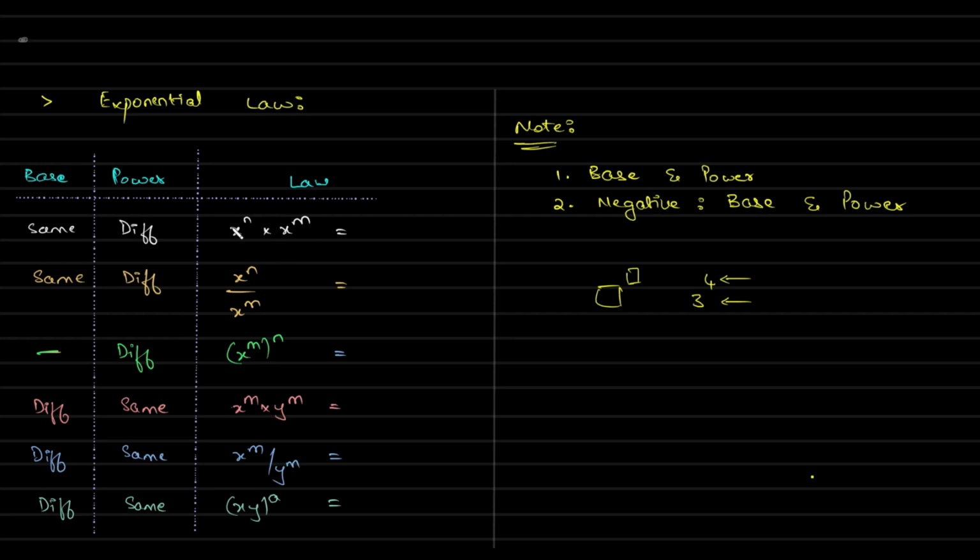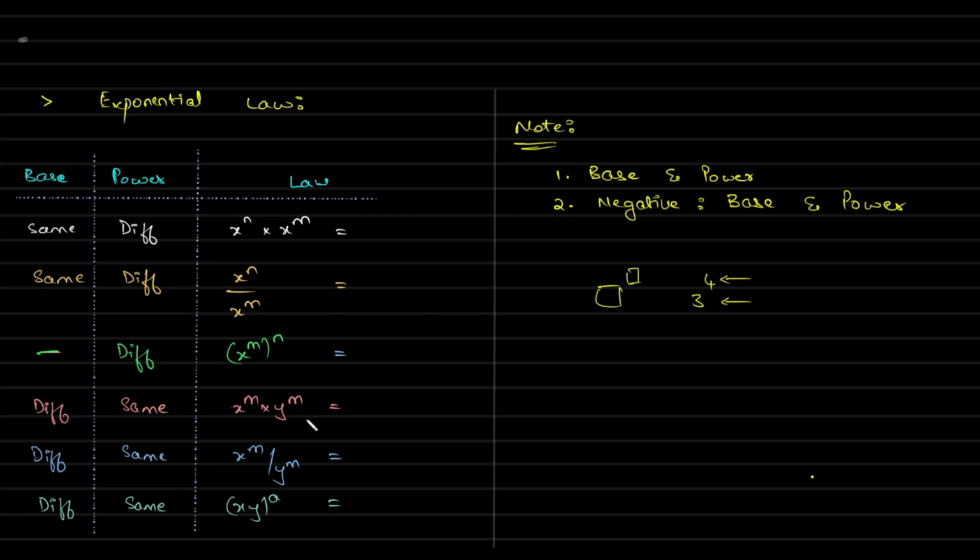So in all of this, whenever you're looking at any problem or any formula, you need to look at the base and its respective power, because if the base is same and the powers are different, there is a different set of rules. And if the base is different while the power is same, then we have a different set of rules.